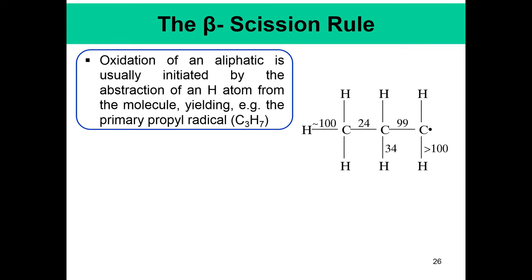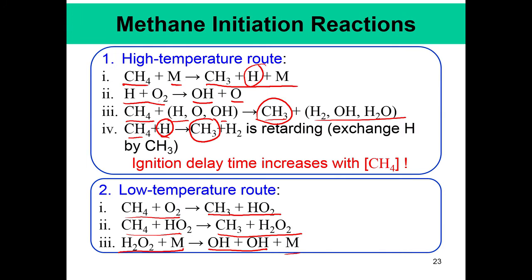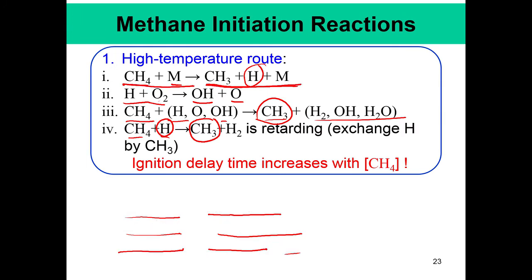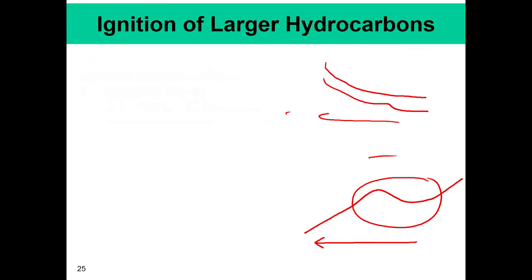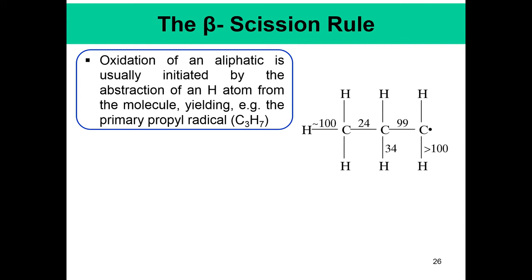So, if you go into this reaction, CH4 plus M becomes CH3 plus H plus M. So, this is a hydrogen abstraction reaction where CH4 is stripped off from its hydrogen, and this hydrogen becomes a free radical, so that it becomes free to react and go attack other fuel molecules. Okay. So, the oxidation of an aliphatic.